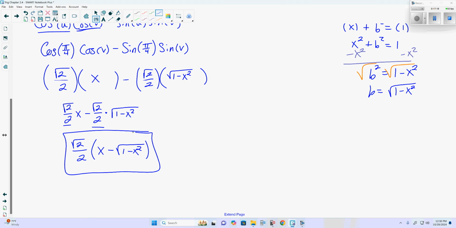Because there are other ways that we could write it, simplifying down, multiplying in through with the square roots, but really that's as nice as we can get this.